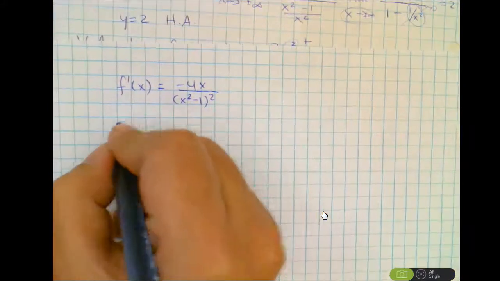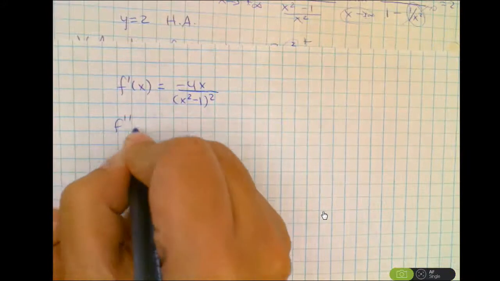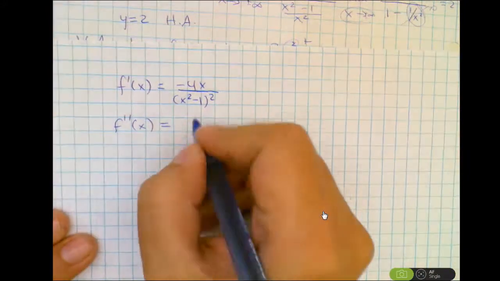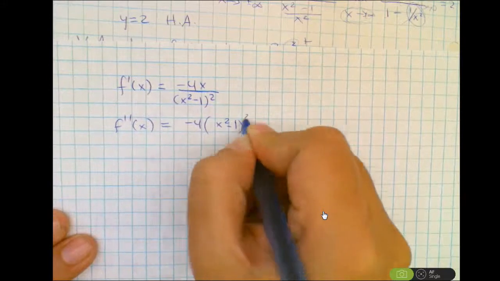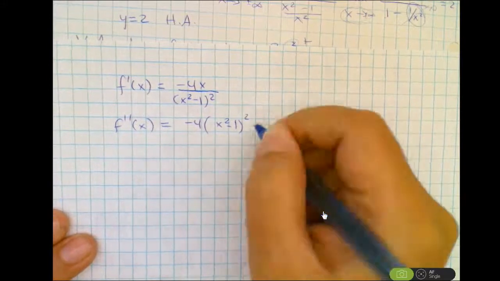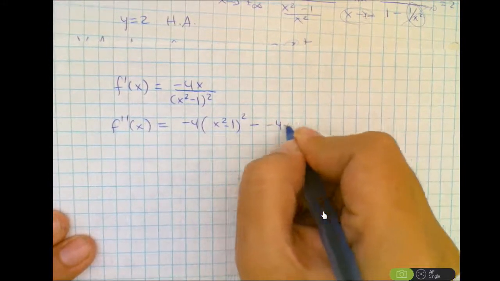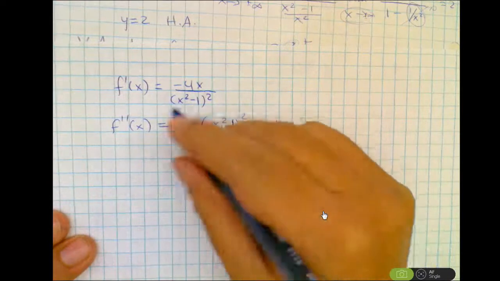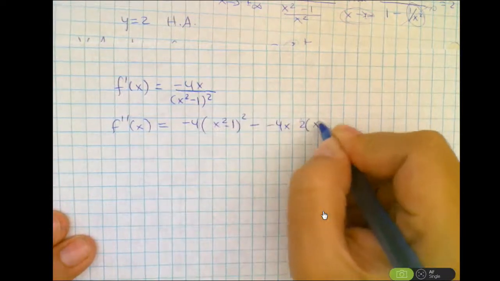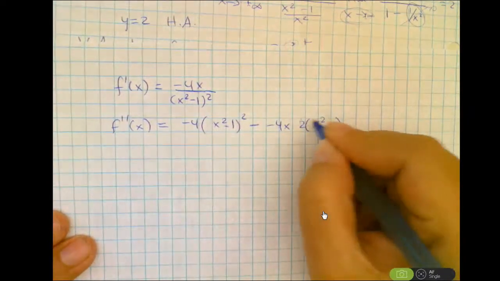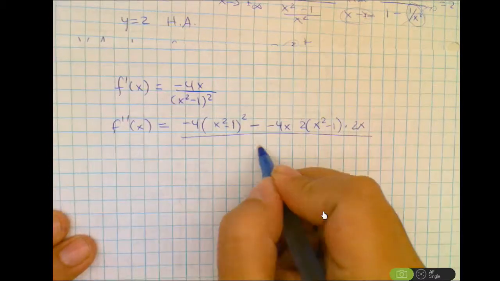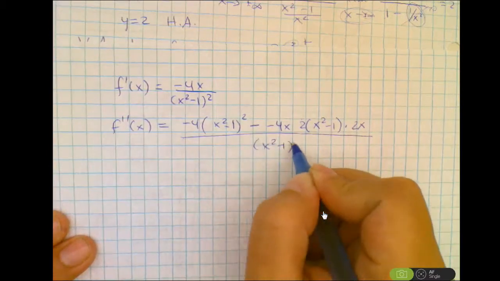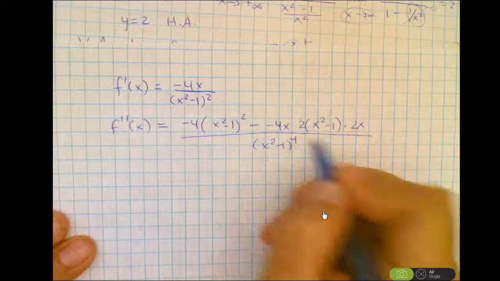Now let me show you with the second derivative. I'm just going to take the derivative of this. Again, quotient rule: negative 4 times the bottom, (x squared minus 1) squared, minus the top times the derivative of the bottom, which is 2 times (x squared minus 1) times 2x, using chain rule on the bottom, over the bottom squared. The square of a square is to the fourth.